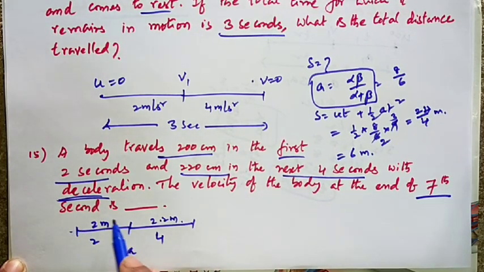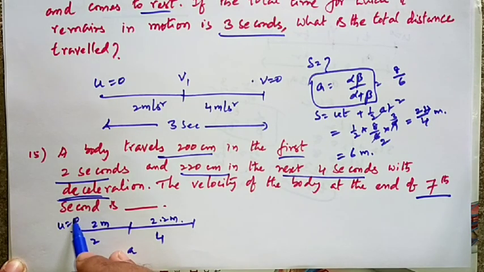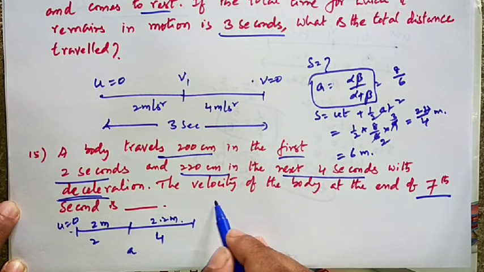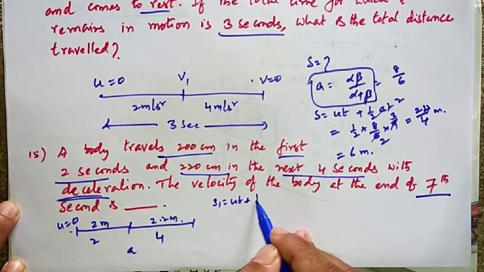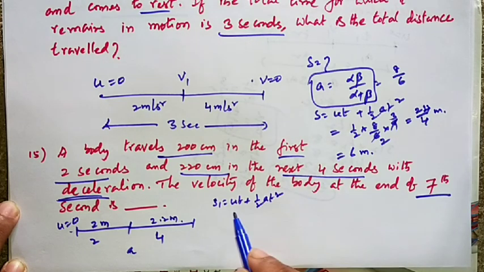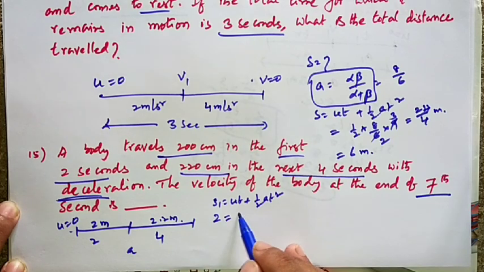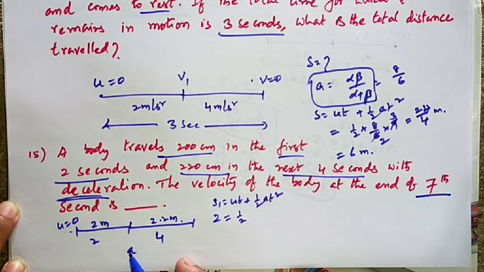Now first case I am applying. Let us take this as S1 and this as S2. So S1 is equal to ut plus half a t square. Is A plus or minus?